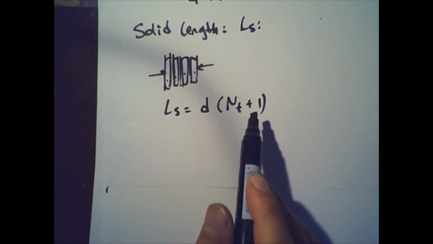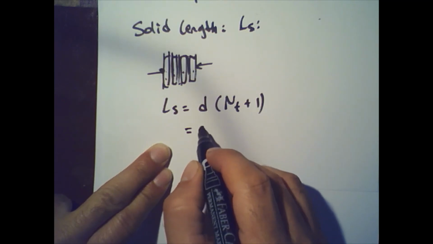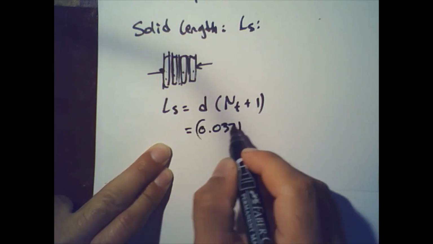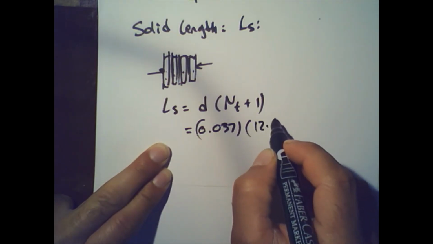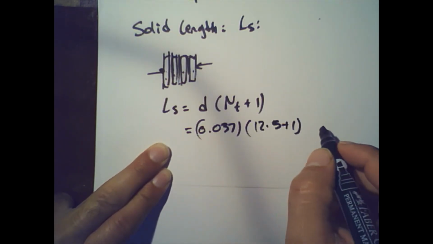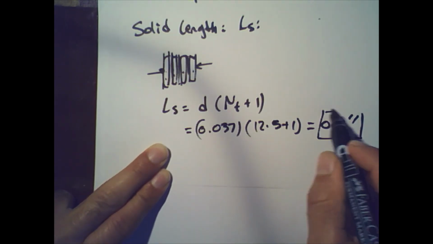So here, just apply the equation, and it will be D equal to 0.037, right? This is the wire diameter, multiplied by NT, which is 12.5 plus 1. And if you do this, you will actually get 0.5 inches. So this is your length.